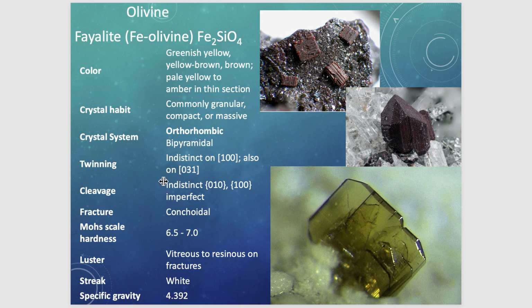Other features that are certainly different, apart from the color and the type of cleavages and the density, are the way in which these crystals tend to alter. So quite often solid solutions of forsterite or fayalite can alter into serpentine or other more reddish and brownish minerals like hydroxide, and these are some examples of that alteration.